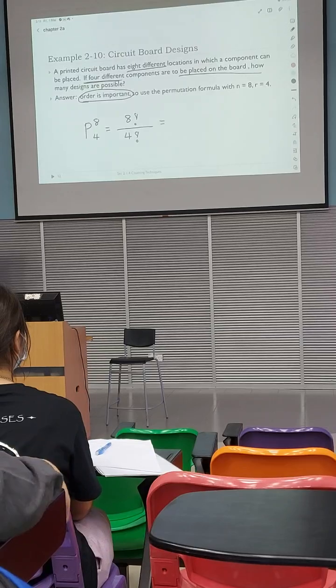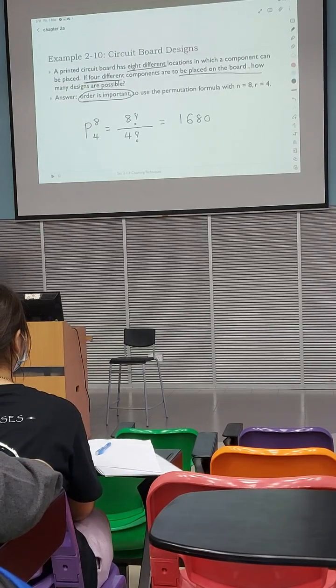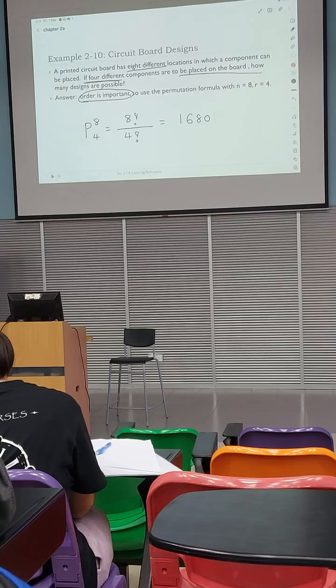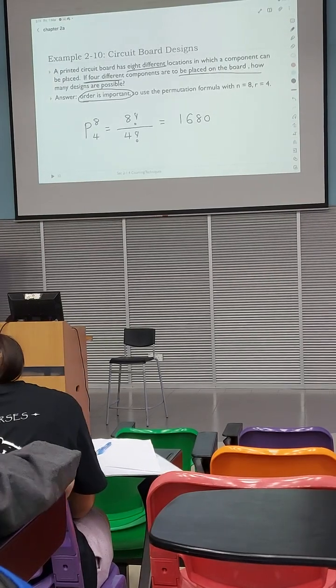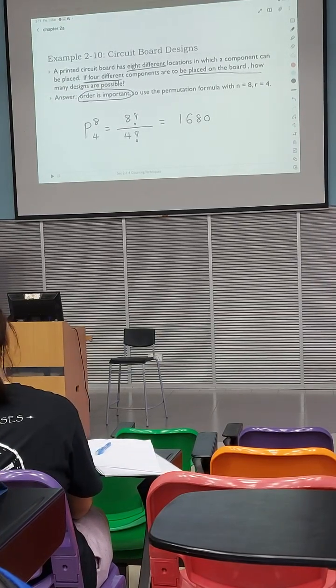Use your calculator and you should get 1680. So far combination and permutation is okay.